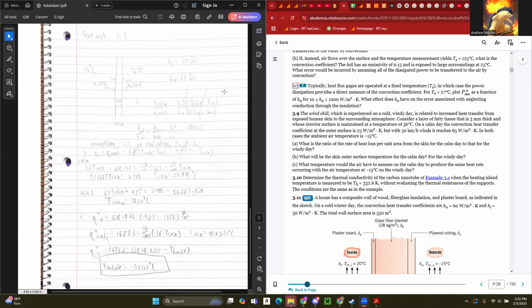So I've already gone through the problem in its entirety. Over here, there's a brief drawing of the skin and the heat transfer going through it. This problem doesn't give any emissivity for the skin, so I'm just going to choose to ignore it.